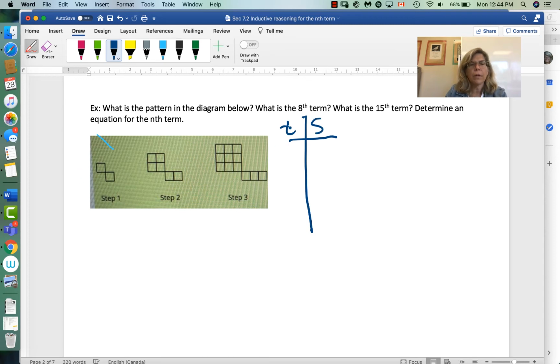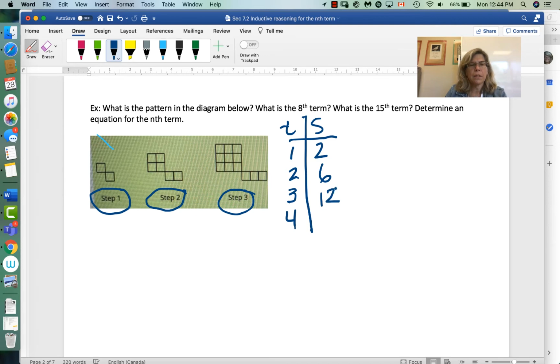So term 1, what they call step 1, is 2 squares. And step 2, or term 2, is 2 squares plus 4 squares, or equals 6 squares. And step 3 is 3 squares plus 9 squares, which equals 12 squares.